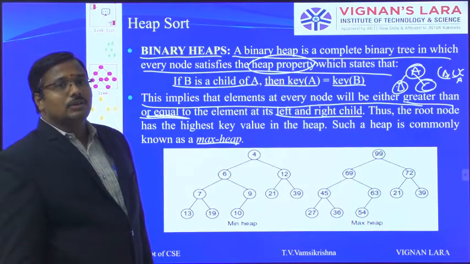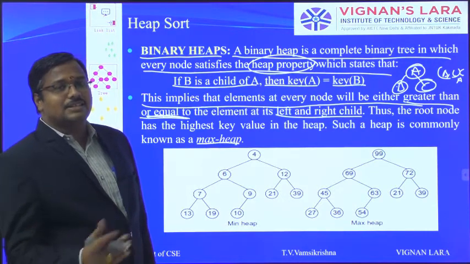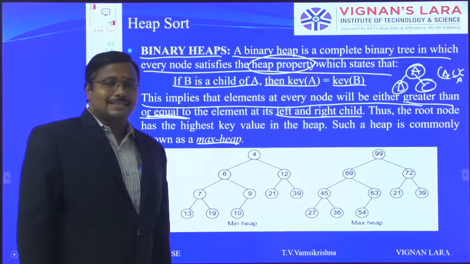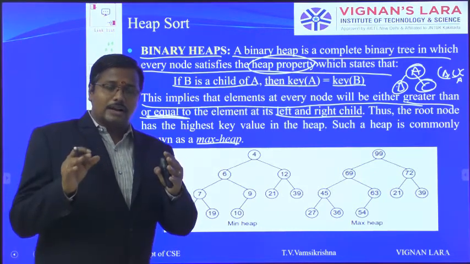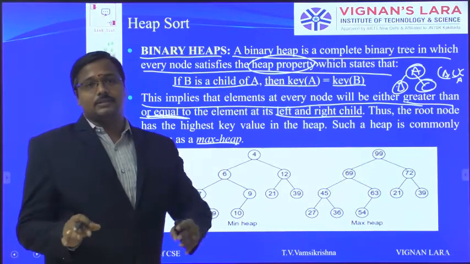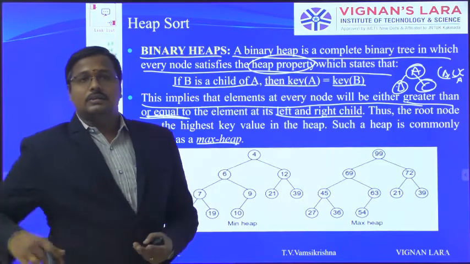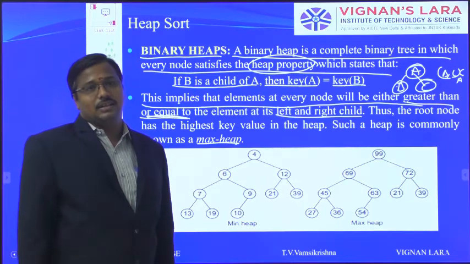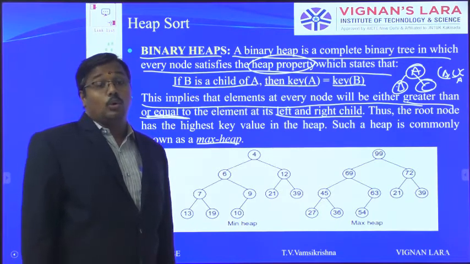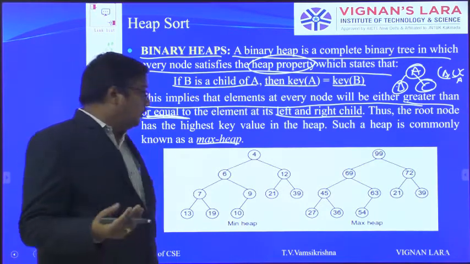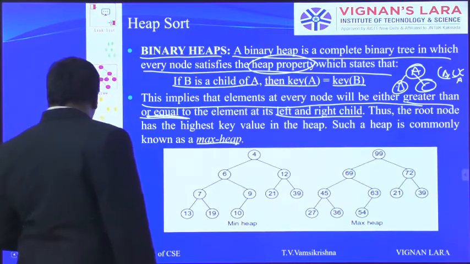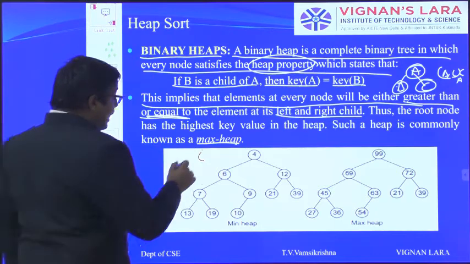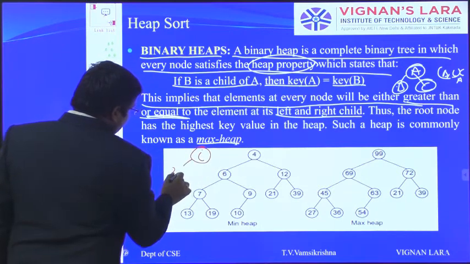So the parent-child relationship comes from the hierarchical pattern. Max heap and min heap look like a tree pattern, but in general they are stored in an array only. Sir, how are they stored in an array? We know the rule. I already told how to represent a binary tree by using an array.